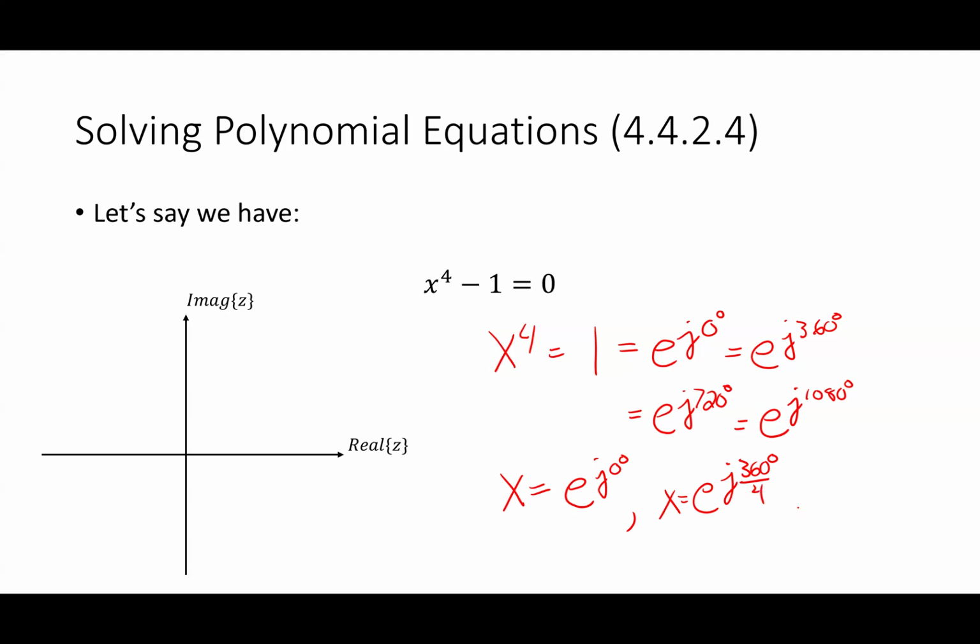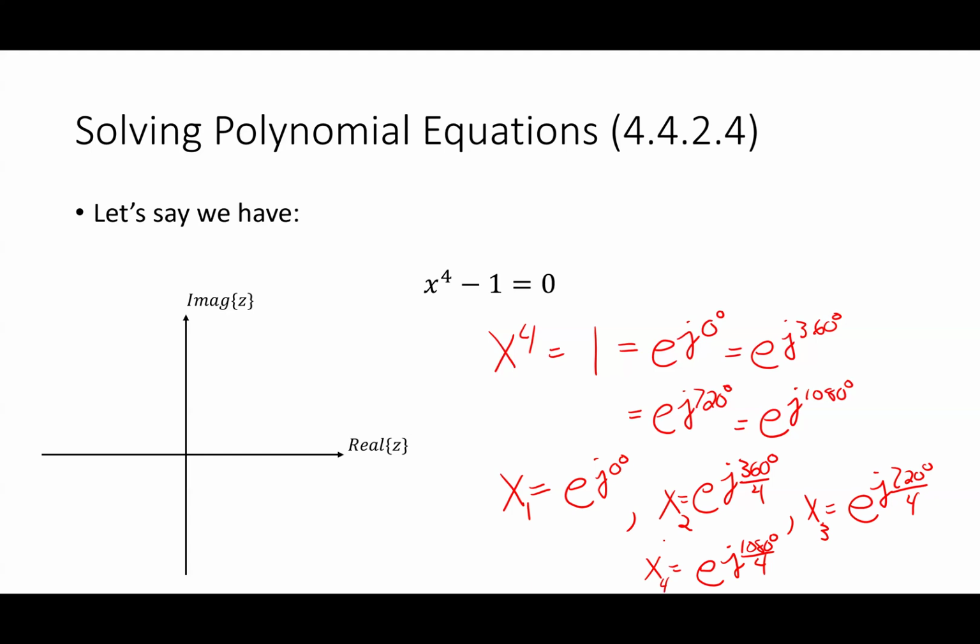I could also say it's e to the j 720 divided by 4, or e to the j 1080 divided by 4. I'll call these x1, x2, x3, and x4.